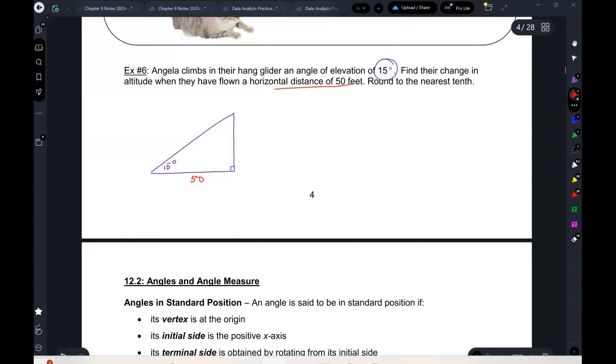I'm going to label that y because it's vertical. So what ratio is this? Sine, cosine, tangent? Tangent. Tangent of 15 is equal to y over 50. Well, x too if you labeled it x. So 50 to both sides. So y is 50 times tangent of 15.